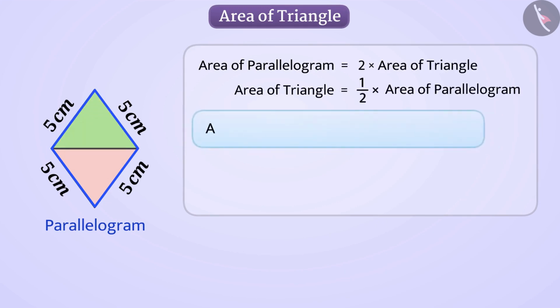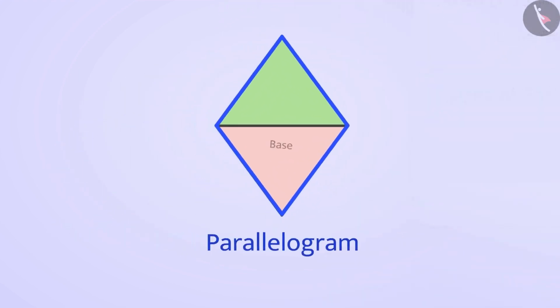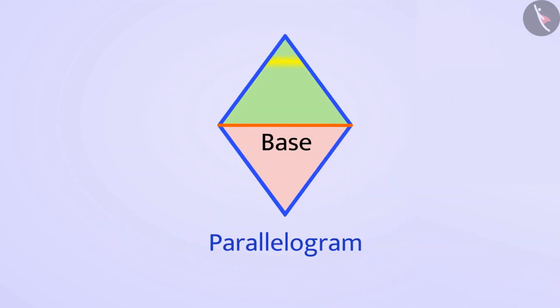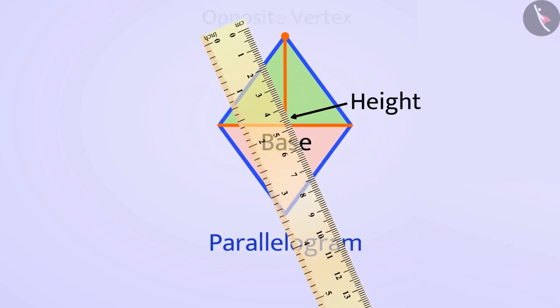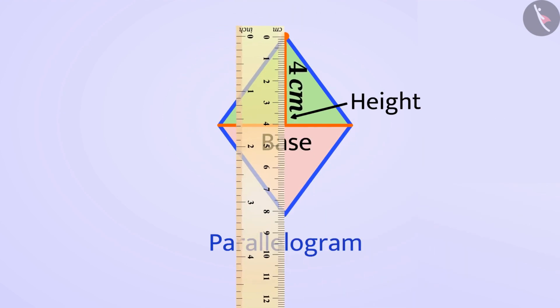In this way, the area of each triangle is half multiplied by base multiplied by height, in which base is one side of the triangle and height is the length of perpendicular dropped on that side from the opposite vertex. On measuring, you will find that this height is 4 cm.